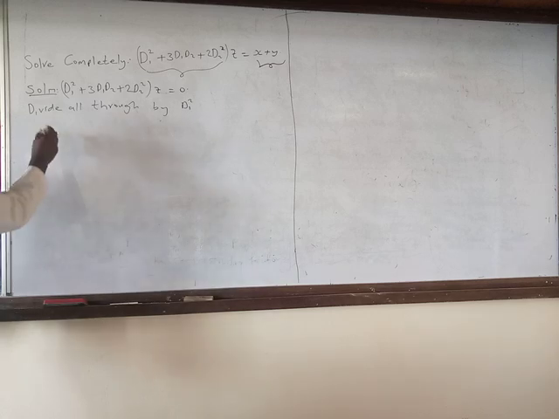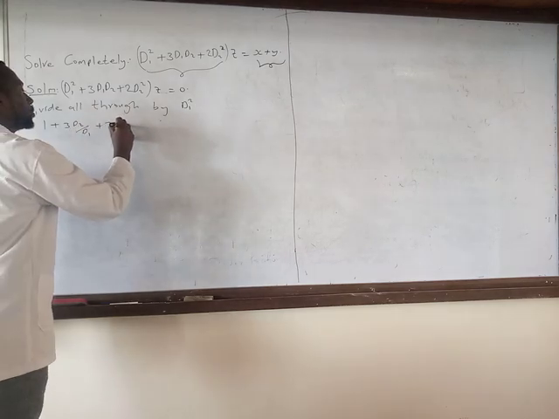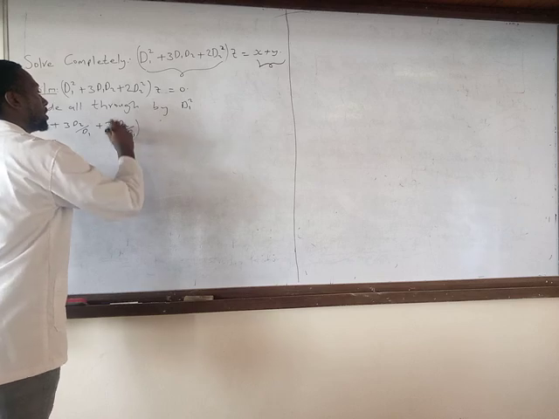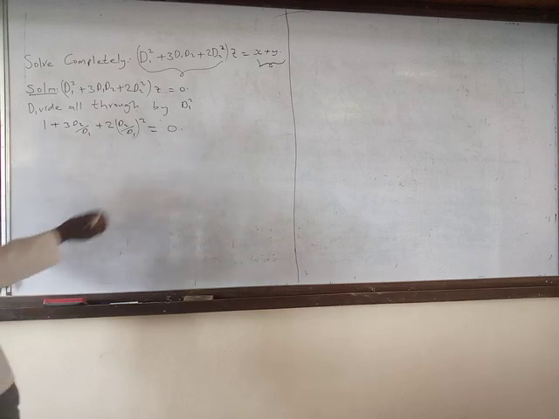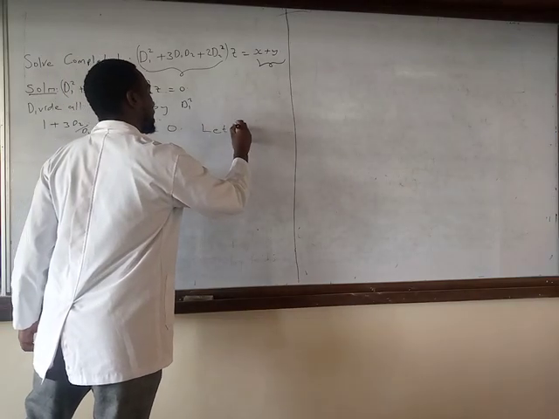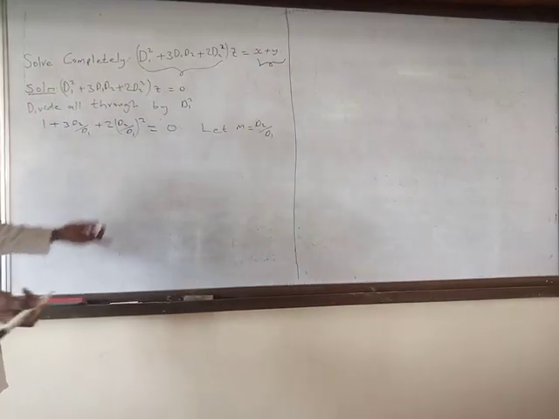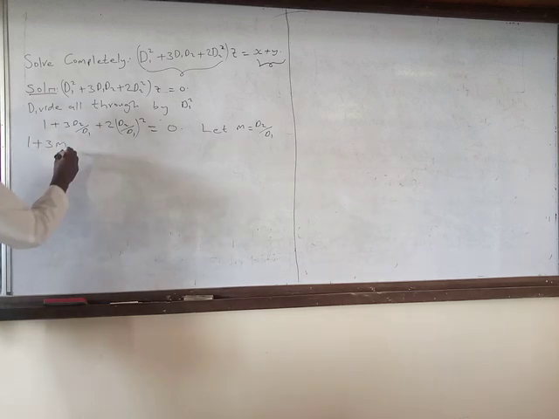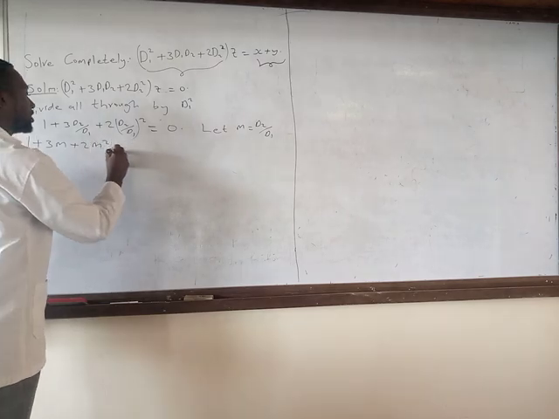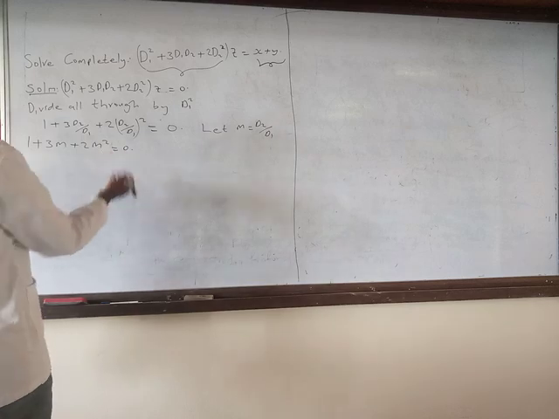So if you divide all through by D1 squared, you will have 1 plus 3 D2 over D1 plus 2 D2 over D1 squared equals 0. Now from this one, let m be D2 over D1. If m is D2 over D1, if you substitute here, you have 1 plus 3m plus 2m squared equals 0. Now having this one, you can use quadratic formula and solve.